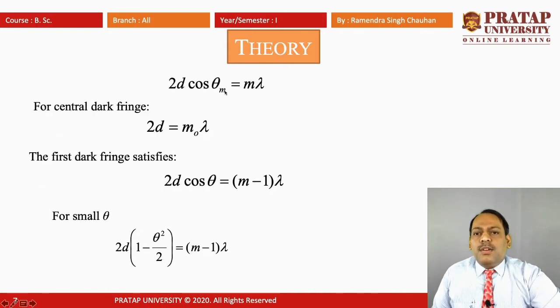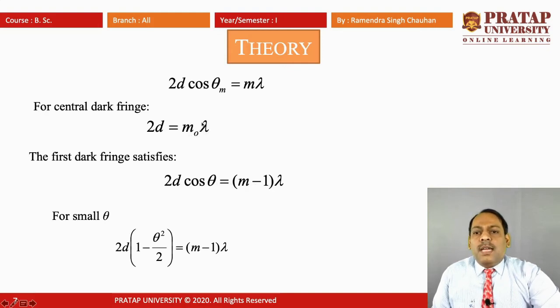Now we have 2d cos theta m is equal to m lambda for a dark fringe. So for the central dark fringe, because we have theta m equal to 0 degree, cos theta will be 1, and so 2d is equal to m naught lambda. The first dark fringe satisfies 2d cos theta is equal to (m minus 1) lambda, because now we are moving outwards.